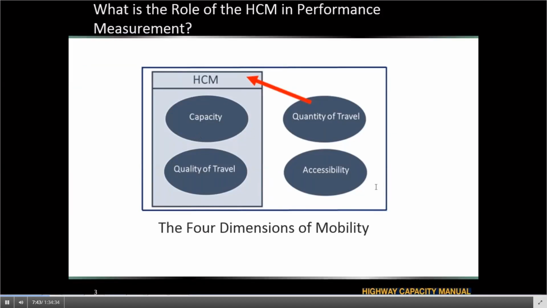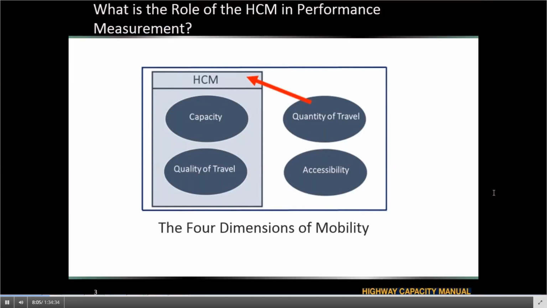Now, to put things in context, if you look at the slide, there are 4 dimensions of mobility. The HCM focuses on the capacity estimation and the quality of travel, or what you think of as level of service.